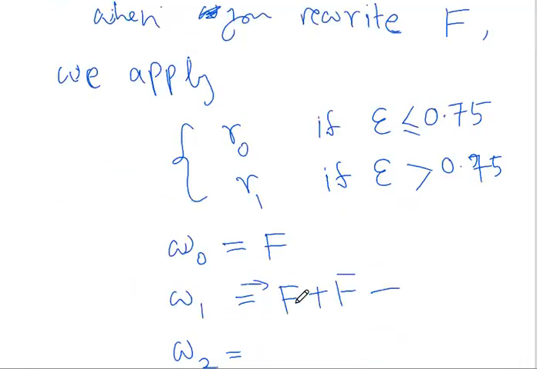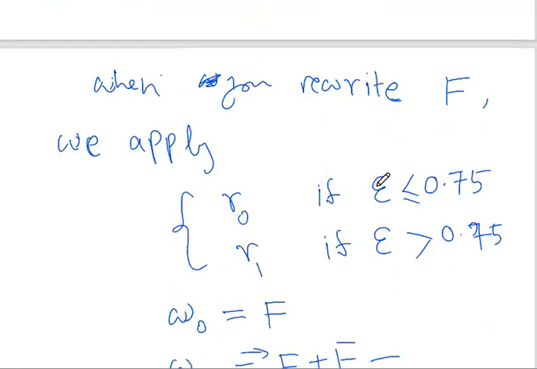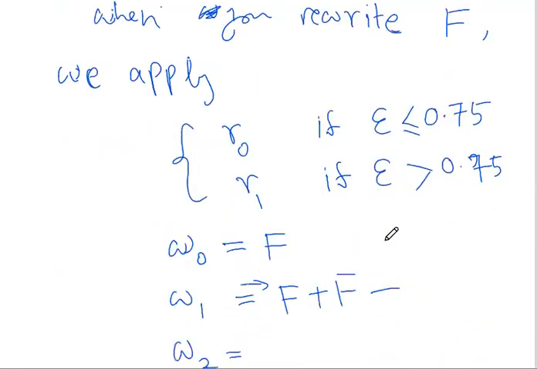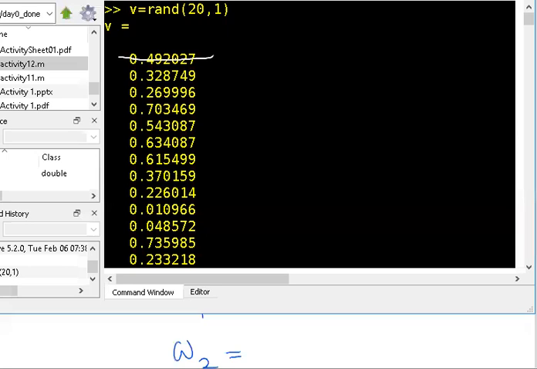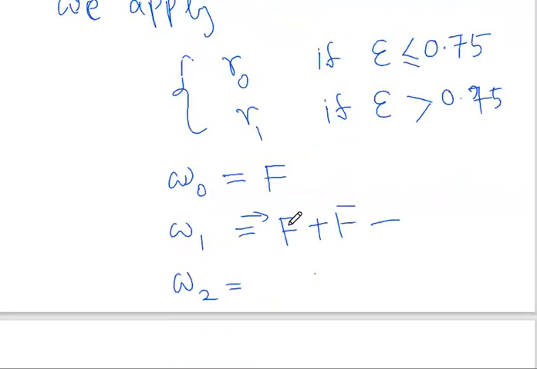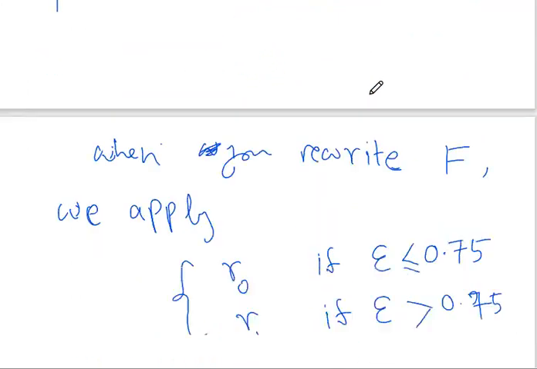So it depends on the random number whether we use the first rule or the second rule. We look at the random number, which is less than 0.75. I use that.